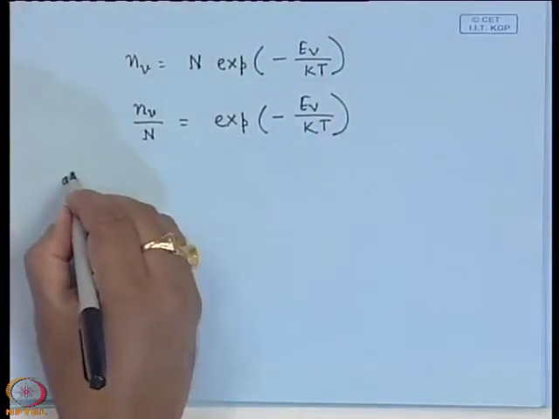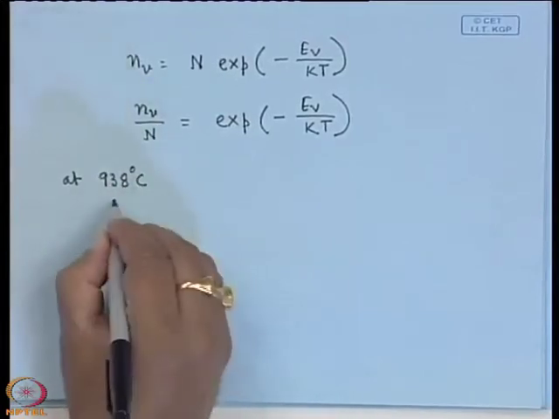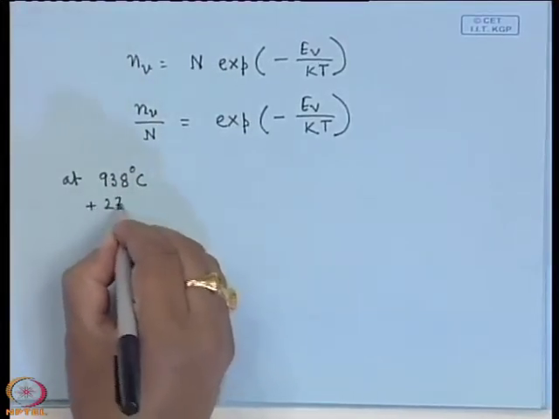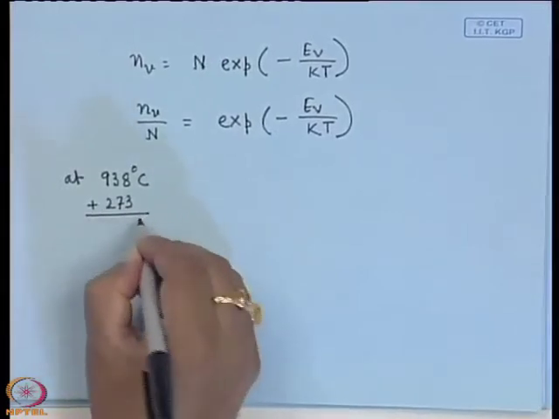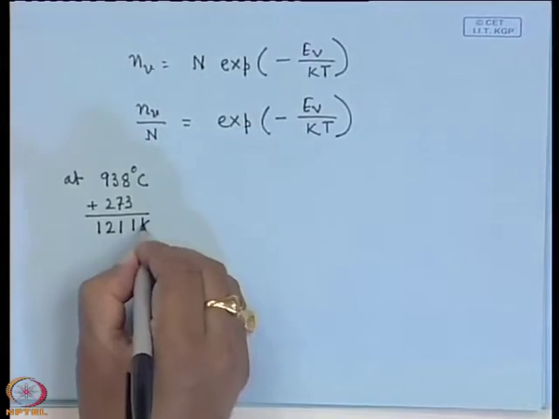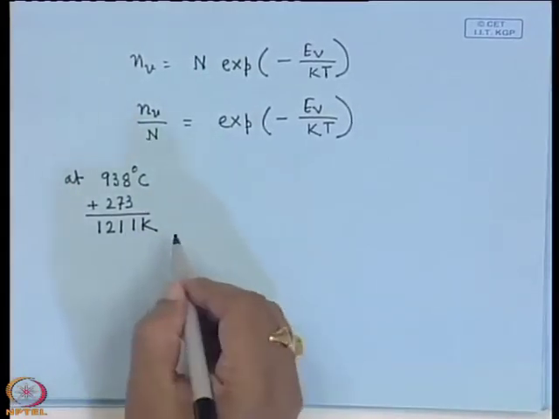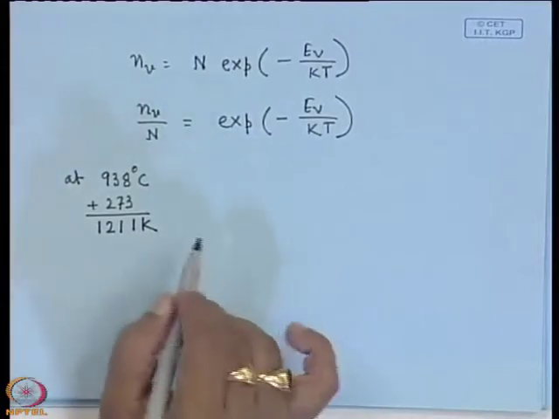Now, at 938 degree centigrade, that means plus 273, it is 1211 Kelvin. So, at 1211 Kelvin, what is the fractional concentration?